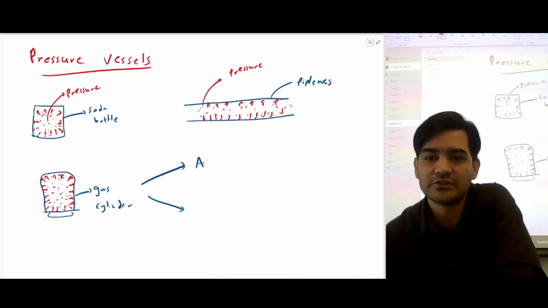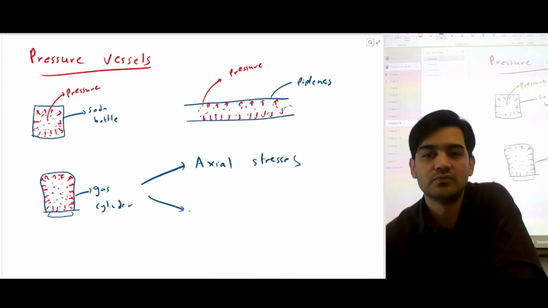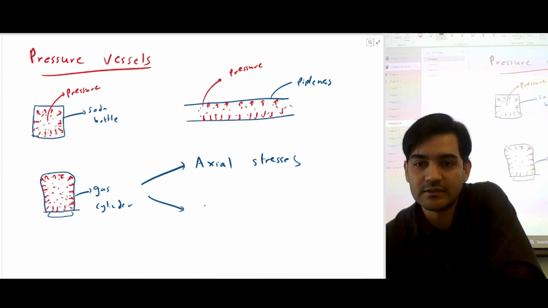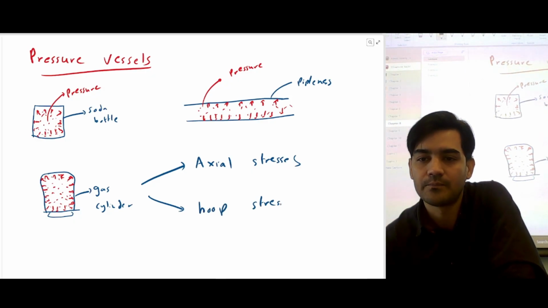You're going to have axial stresses, which we already know, and there's going to be an additional stress because of the pressurized vessels, and this stress is called hoop stress.